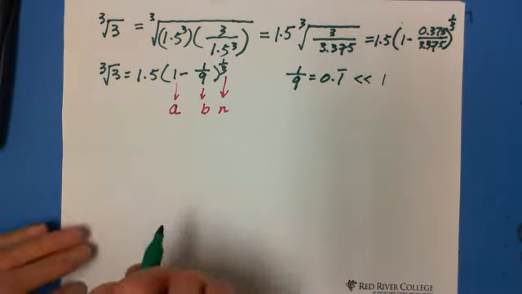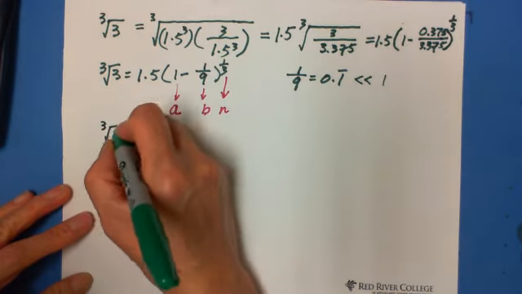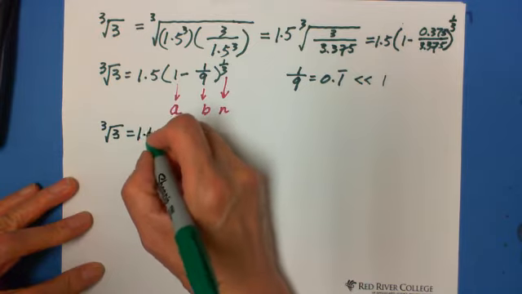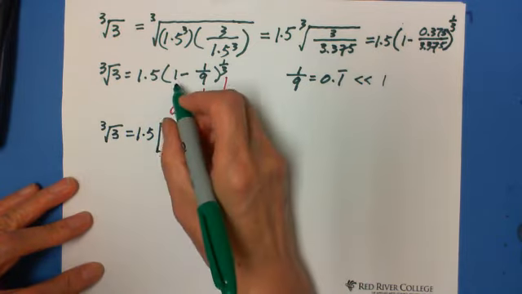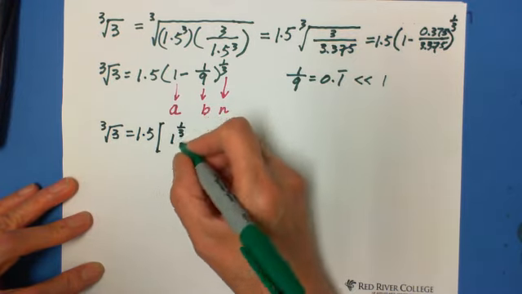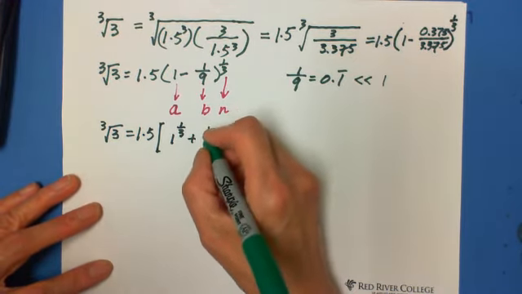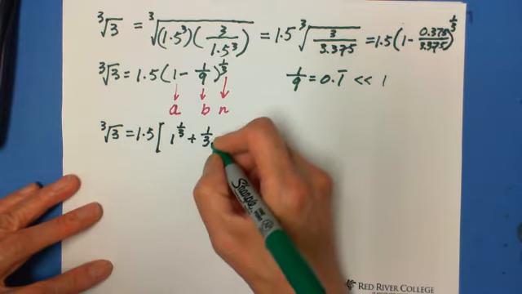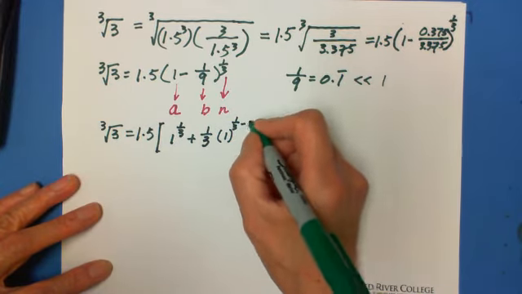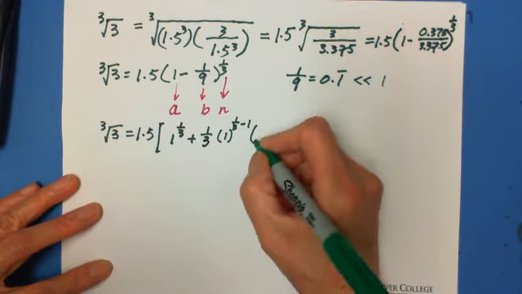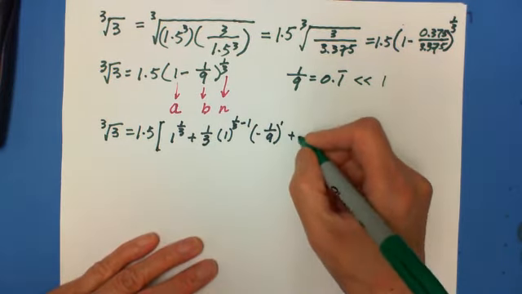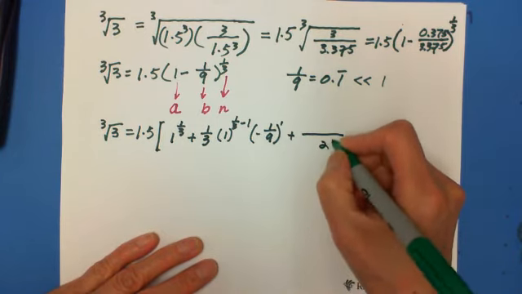So we can write the cube root of 3, the first 3 terms: 1.5 multiplied by a to the n exponent, which is 1 to the 1/3 exponent, and plus 1/3, which is n, multiplied by a, which is 1 to the 1/3 minus 1, and b to the 1 exponent. B is 1 exponent, right? Then plus 2 factorial on the bottom.